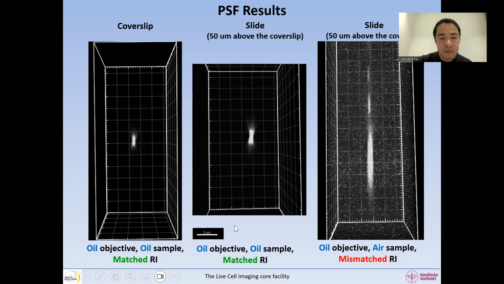But if we have the matched refractive index, no matter whether it's on the cover slip or on the slide, which means 50 microns away from the cover slip, we still have a relatively small and very similar point spread function. But if it's mismatched, the result will be hugely different.